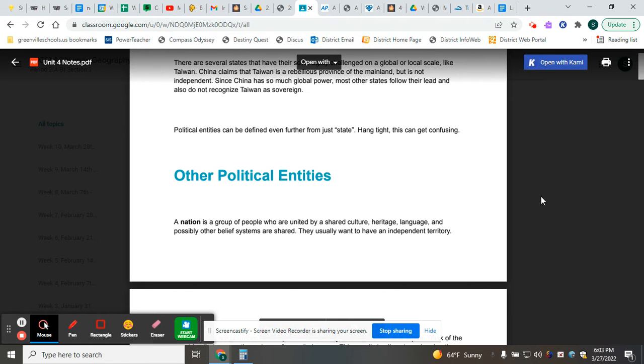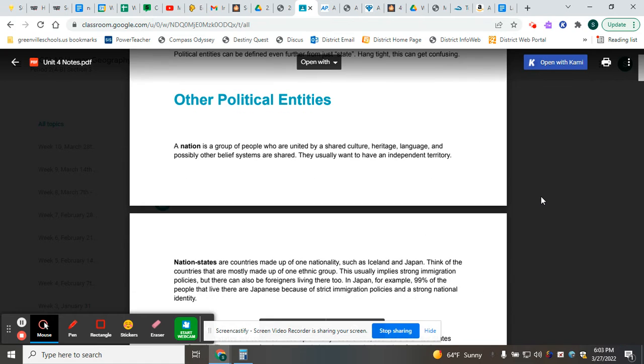Other political entities, what we call a nation. A nation is a group of people. Okay. This is another word that trips people up, because we use the words country, nation, and state so interchangeably that they almost have the exact same meaning.